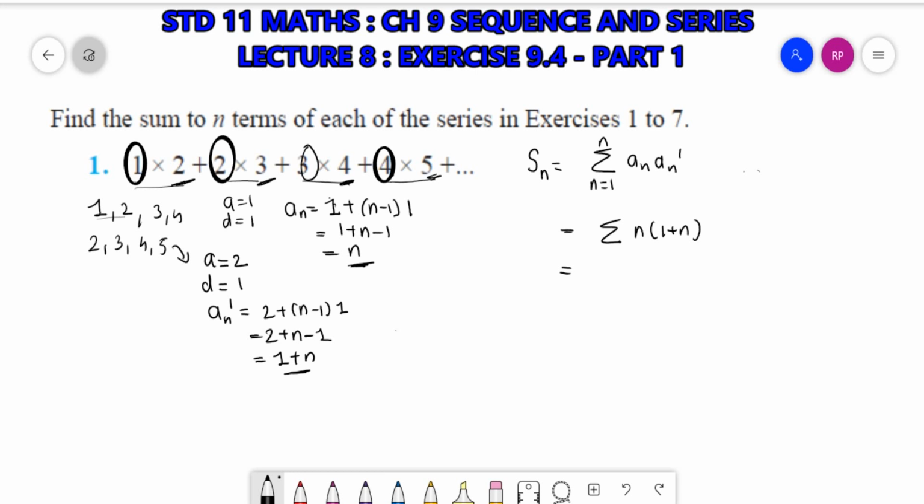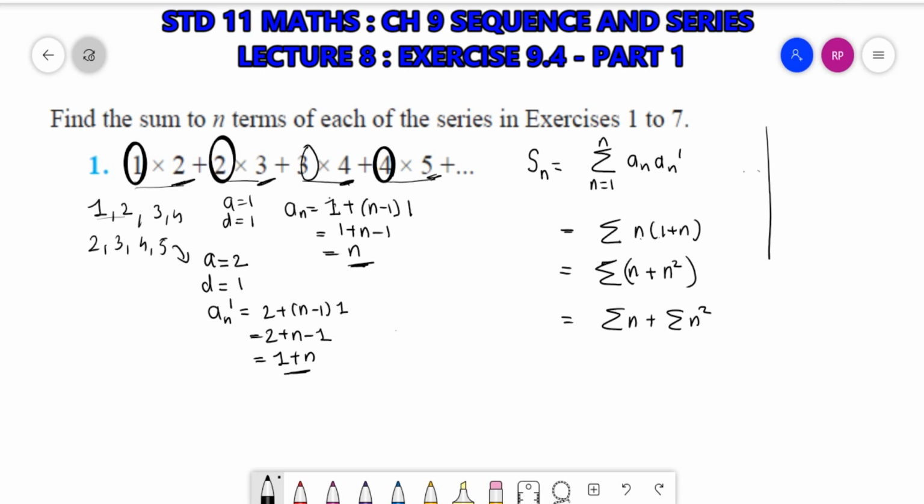So this will be equal to the summation of n into 1 plus n, that is n plus n square. Okay, so now I can separate this as summation of n plus summation of n square.